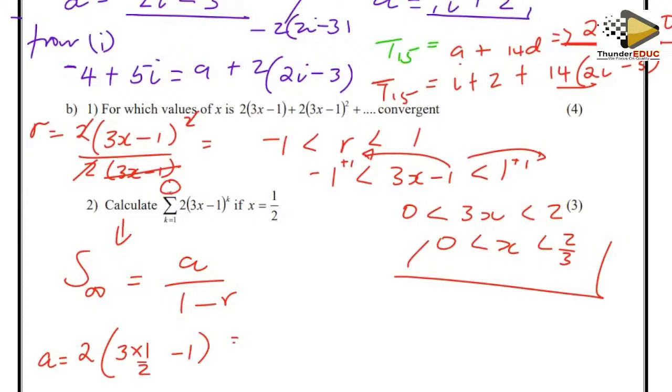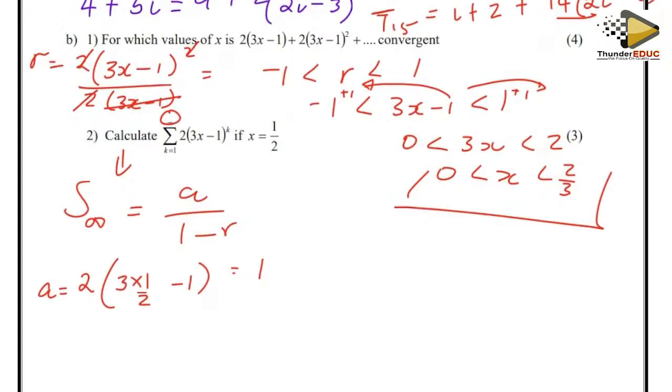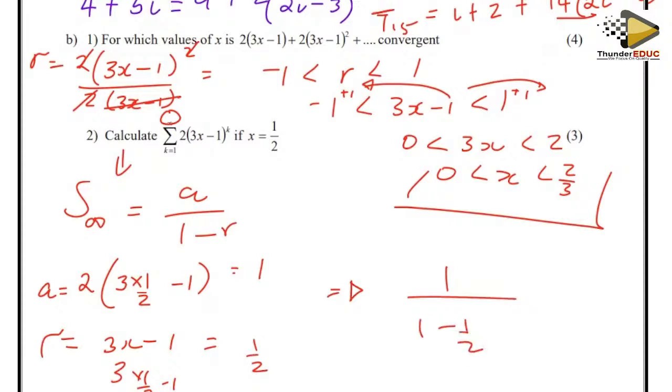That gives us just a 1. That's what I'm getting, guys, 1. Then I also need to get my common ratio, which is 3x minus 1. So 3 times a half minus 1, so our r becomes a half. And then let's do the substitution. So that's going to be 1 over 1 minus a half. And then our sum to infinity just becomes a 2, because it's going to be 1 over a half, which is a 2.